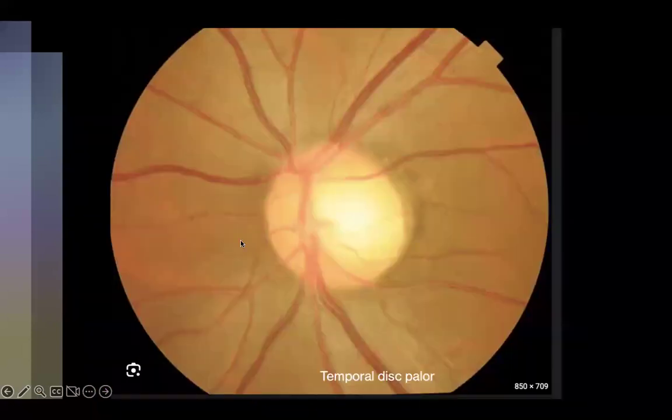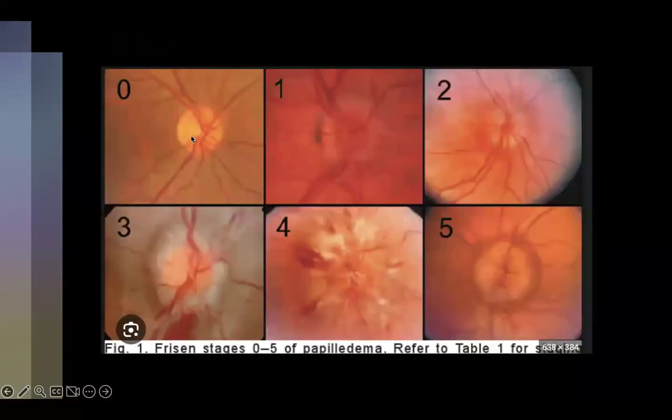Now, this picture shows temporal disc pallor. After optic neuritis, when it settles, after a couple of weeks, a couple of months, you get temporal disc pallor. So this is very common after optic neuritis. This bit, the nasal bit, is pink and healthy, but the temporal bit is pale and yellow. And this shows the grading of optic nerve swelling.